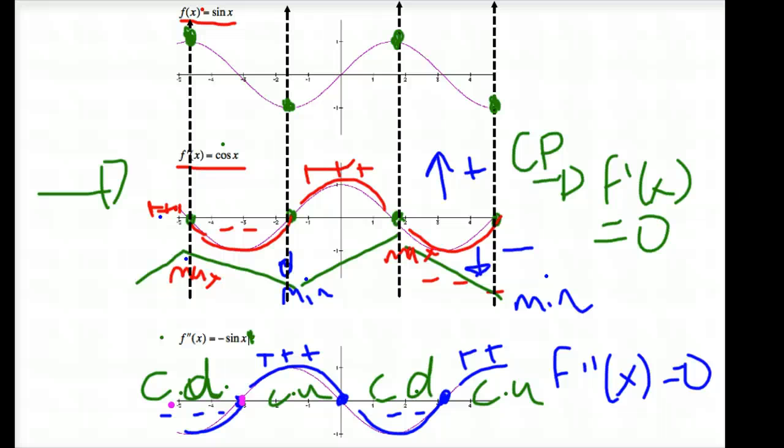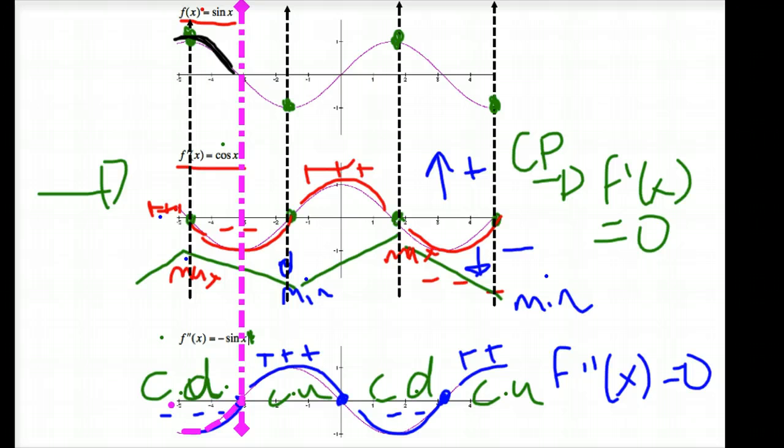So when I am at this point, I'm going to go from here all the way up to here. And according to this, this section should be concave down. So if I take a look at this area over here, we see that I am concave down. I am in the shape of a frown, right?